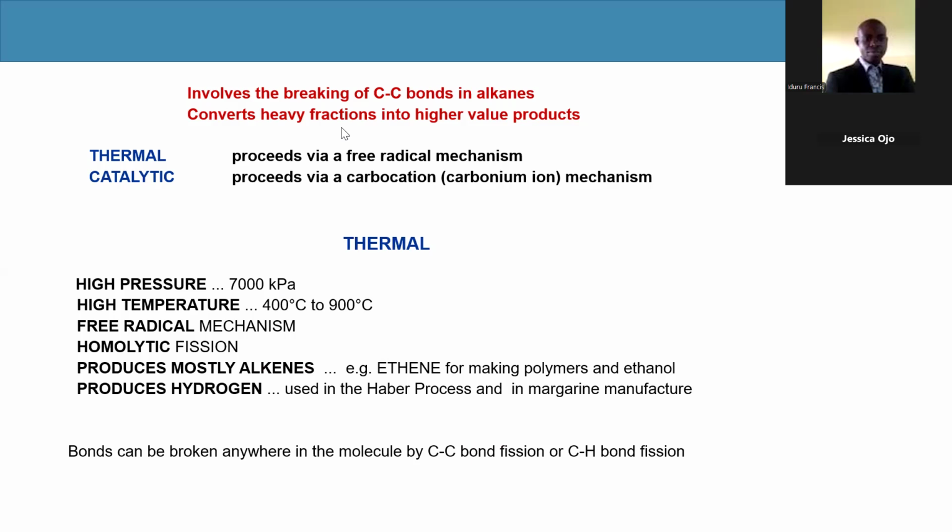So breaking of higher petroleum fractions of lower demand into smaller fractions of higher demand under the condition of higher pressure and higher temperature. You are done. And so the two major products are alkane and alkene.